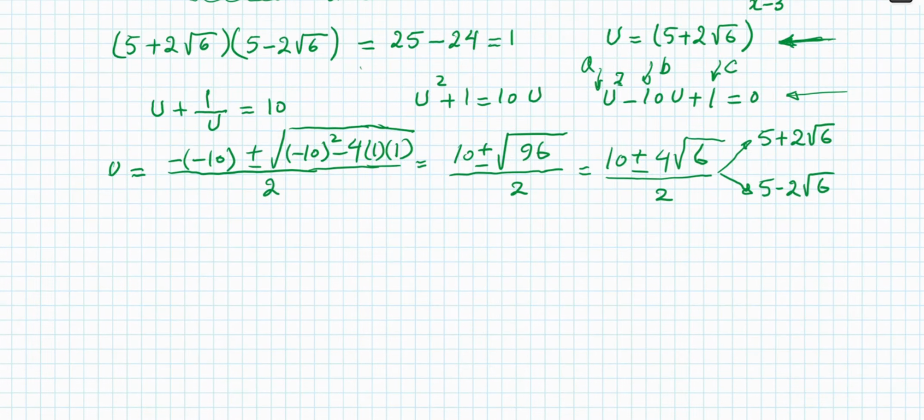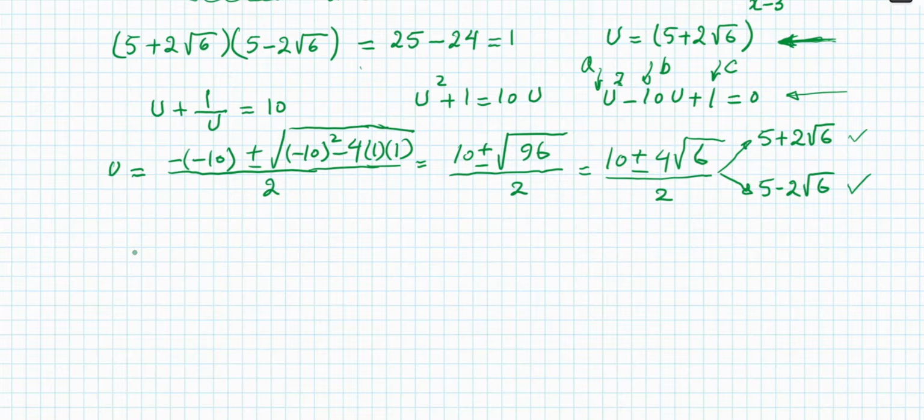So we replace for our u here, one time 5 plus 2 square root of 6 and another time 5 minus 2 square root of 6.